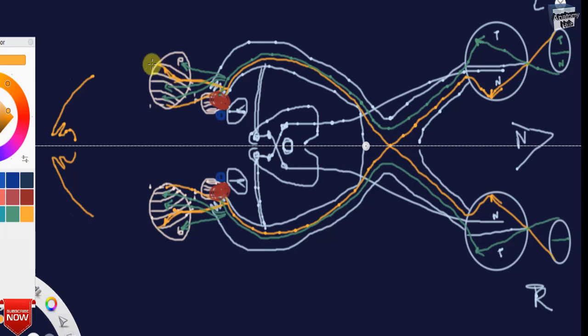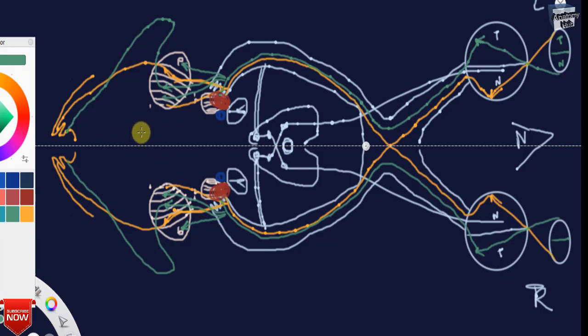So the upper fibers will travel directly towards the upper bank of your calcarine sulcus, but the lower fibers will first go towards the temporal lobe, then form a Meyer's loop, then proceed forward and relay over the visual cortex of your lower bank.